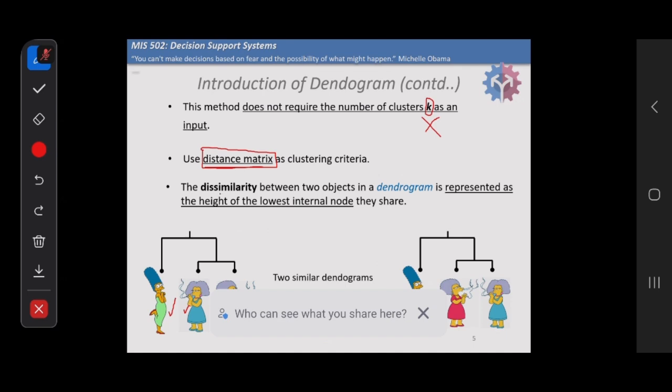So again, the dissimilarity between two objects is represented by the height. Again, I told you height is an important consideration. So you can see that these two girls are identified as close. Just by looking at them, you can see that they look closer, right?